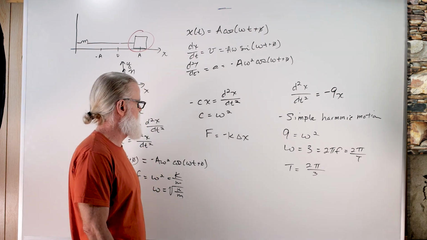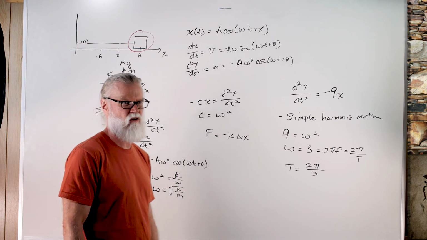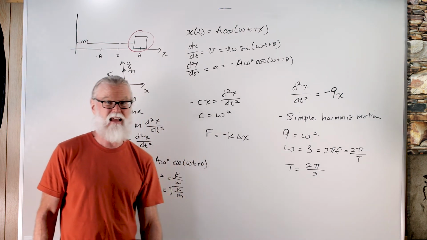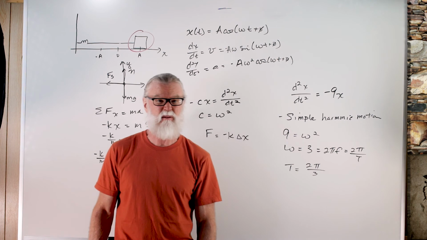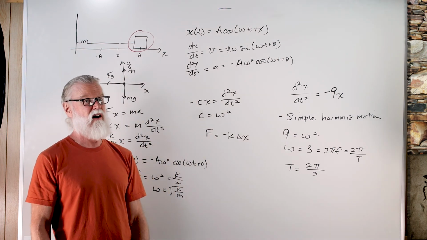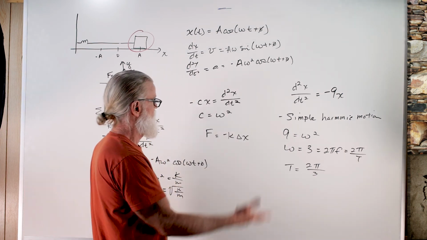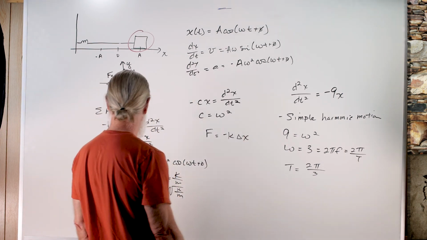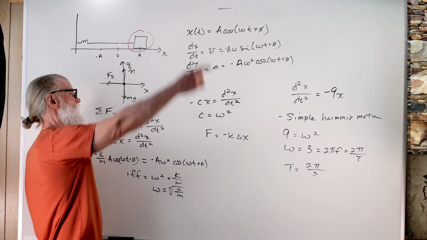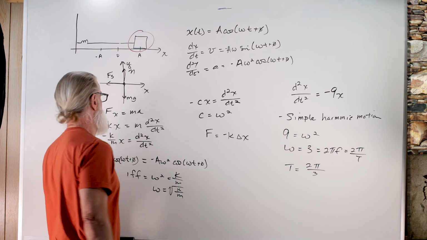Okay, so that's important to know too. We've got to keep an eye out for these linear restoring forces because they rear their heads at very strange times. We'll have a problem later where we drill a hole through the earth and go, oh, look, linear restoring force. And then we'll know we're in simple harmonic motion. All right, so there you go. We've proven that is the position function.